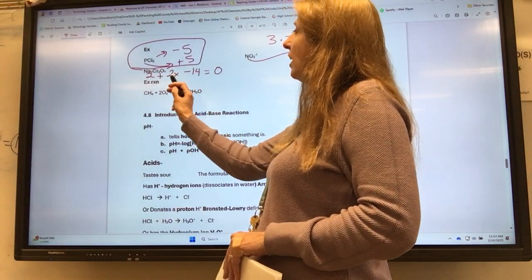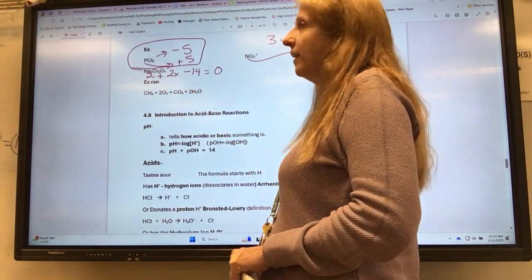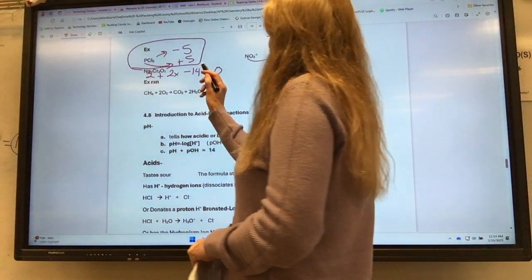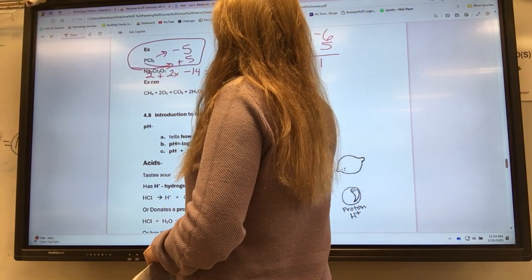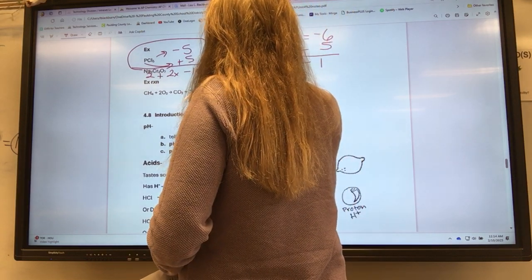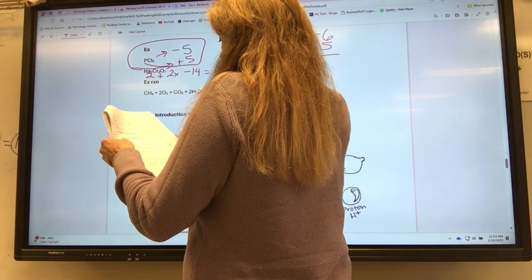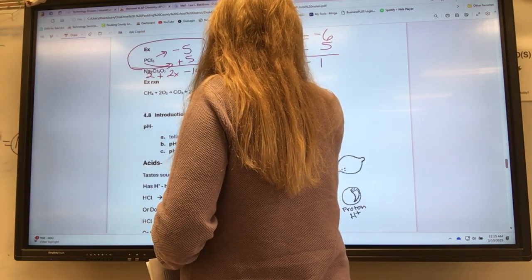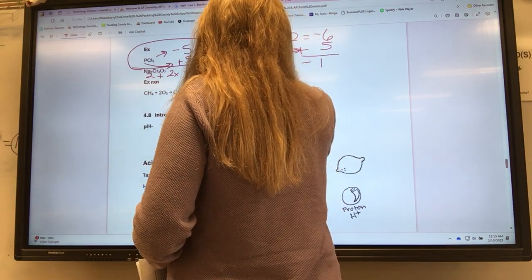But I do know that I have 2 of them, but it's unknown. It's X, and if I solve for X, I'll know what it is. So +14 over here, -2 is 12 divided by 2. X equals 6 or -6? I just did it in my head. X equals +6.